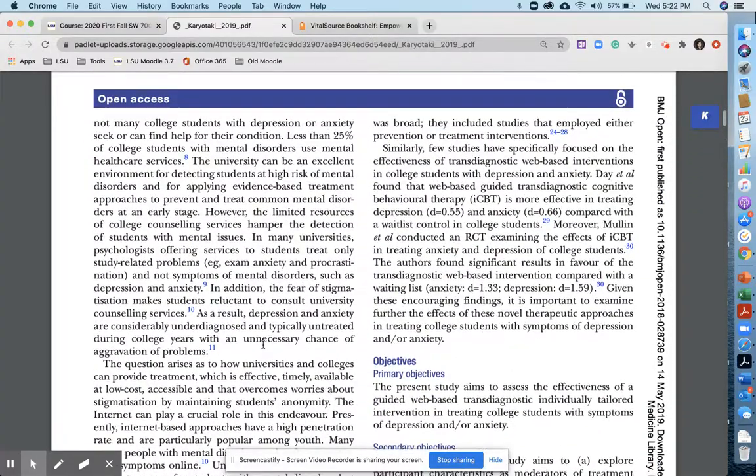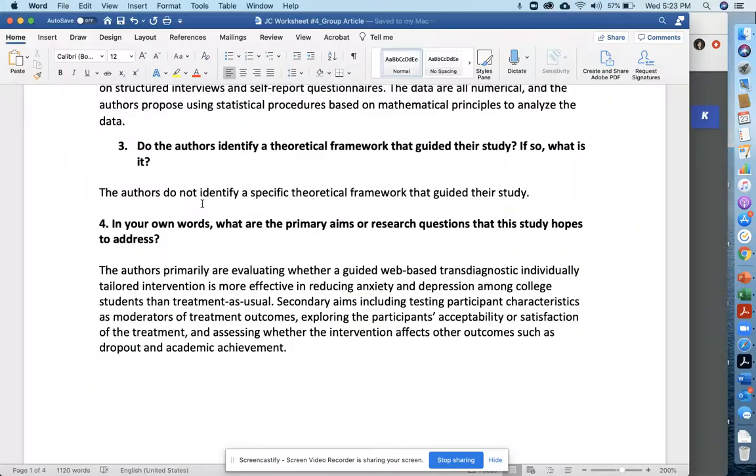So I'm going to assume that the authors are basing this off of ideas they have from previous research, but they haven't identified a specific theory. So for your answer, it's fine for you to say that the authors didn't identify a specific theoretical framework.